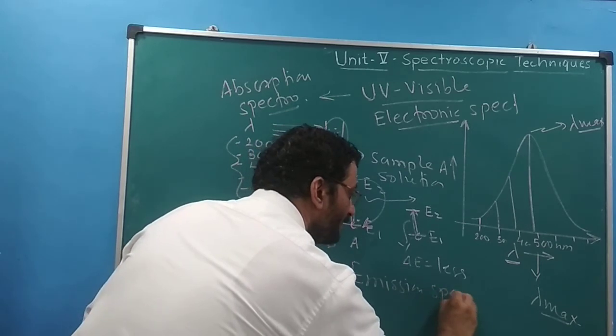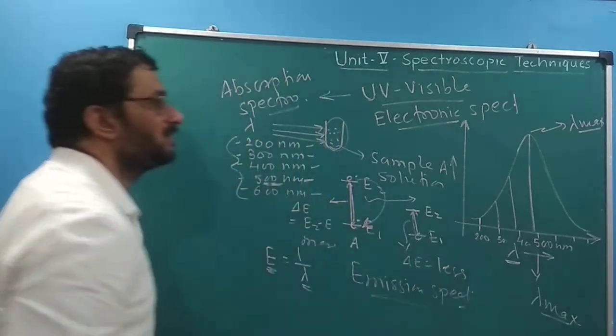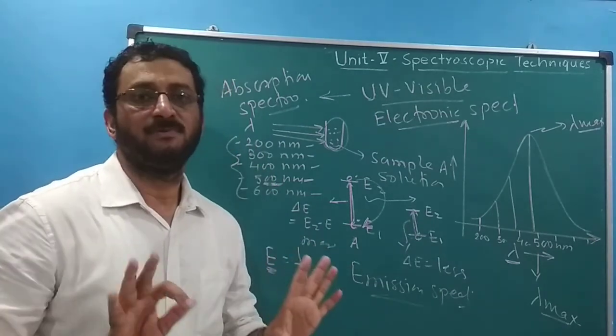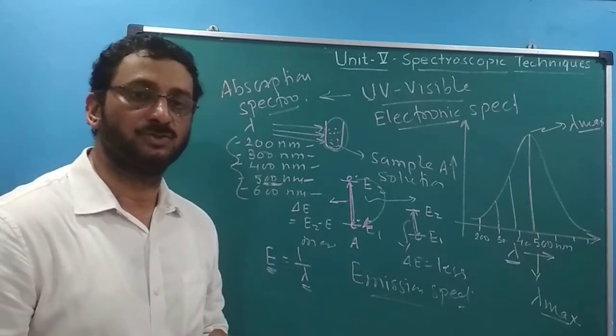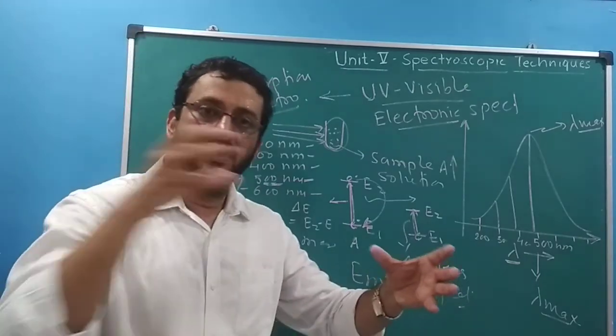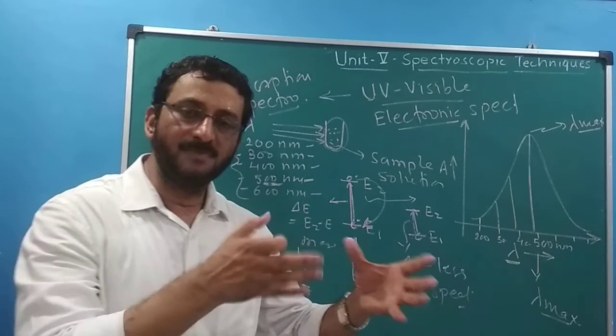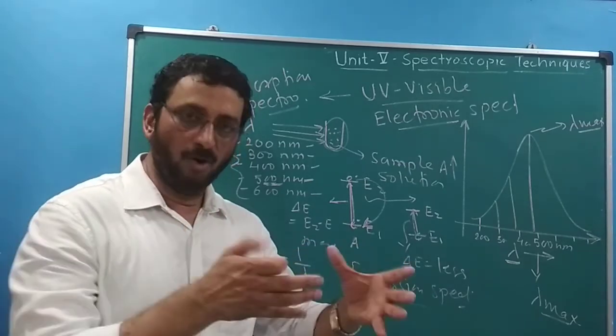So in this introductory lecture, I just want to give some idea of the meaning of spectroscopy. Spectroscopy is the interaction of different types of electromagnetic radiation with the sample. The sample will absorb some part of light, and some part it may not absorb.